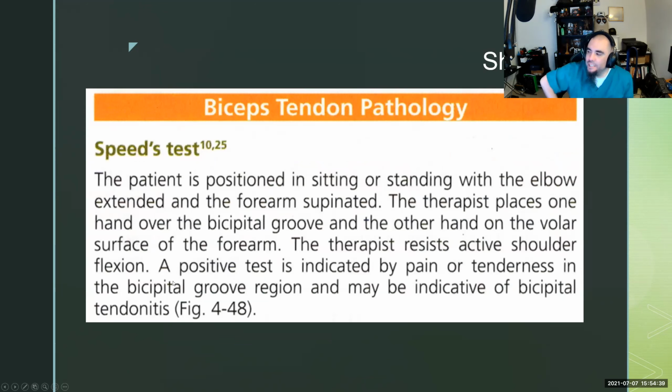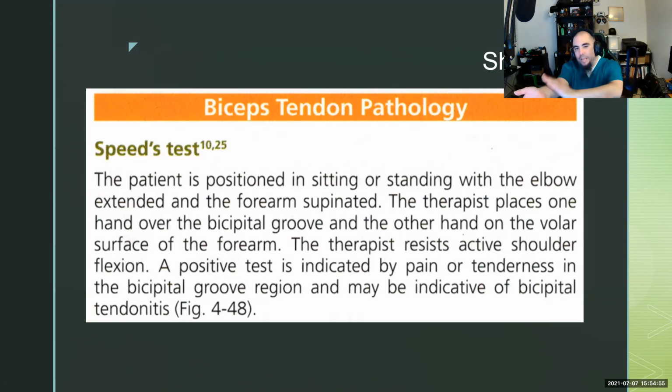Speed's. Patient is positioned in sitting or standing with the elbow extended and the forearm supinated. Therapist places one hand over the bicipital groove and the other hand on the volar surface of the forearm. You go up into shoulder flexion.